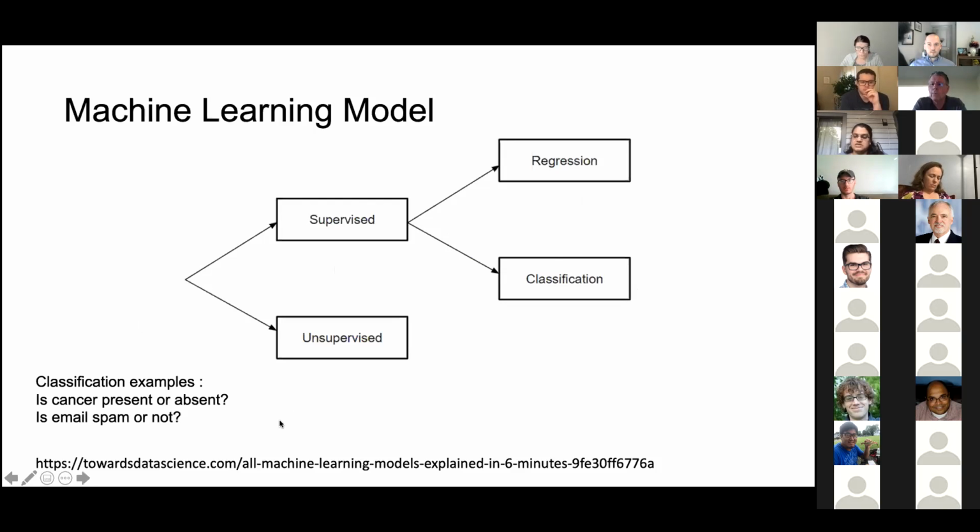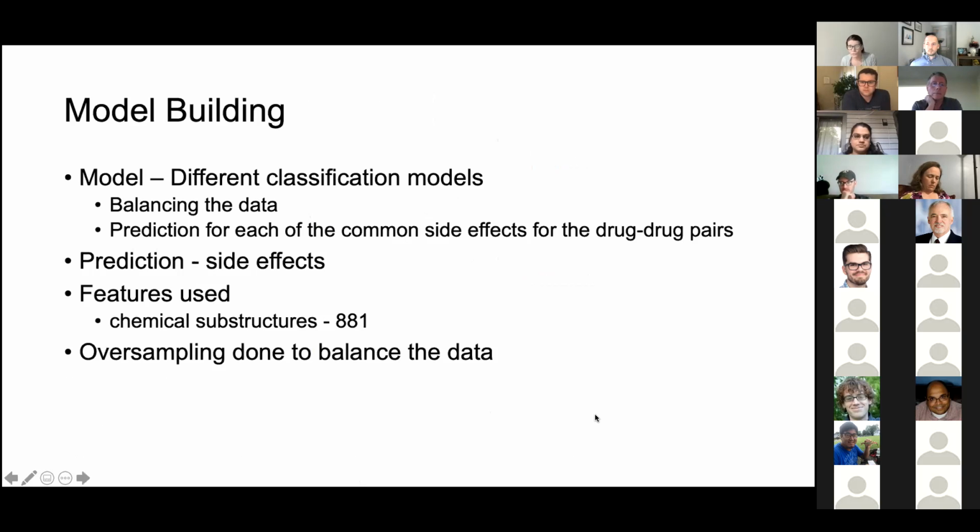For example, is cancer present or absent? Present is 1, absent is 0. And is an email spam or not? Those are examples of classification models. I have mentioned a link here which explains in detail the different classification models. If you're interested, I recommend reading that.